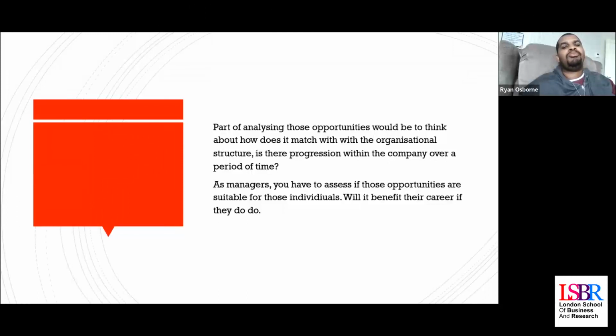So if there's no progression, you will have stagnation. And what that means is that with your team, with the group of people that you work with, you need to make sure that they won't be stagnant in their career.